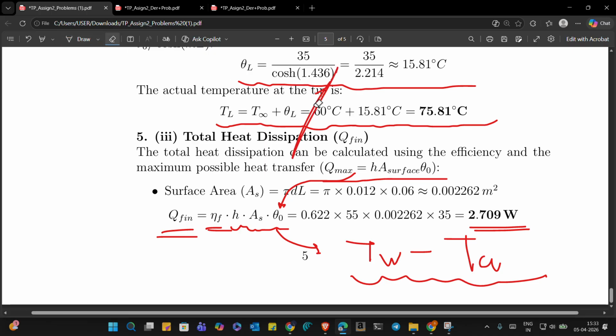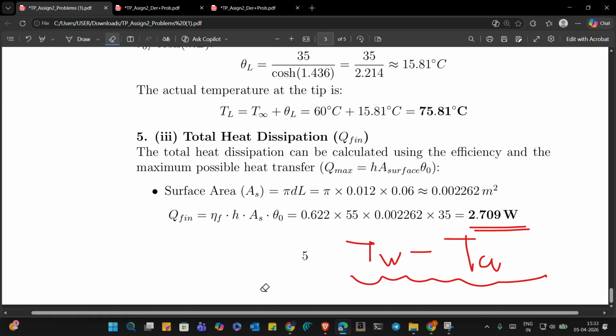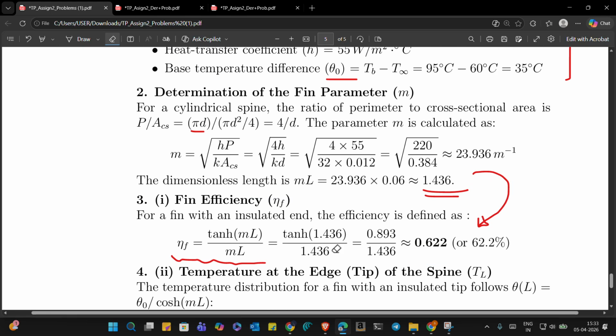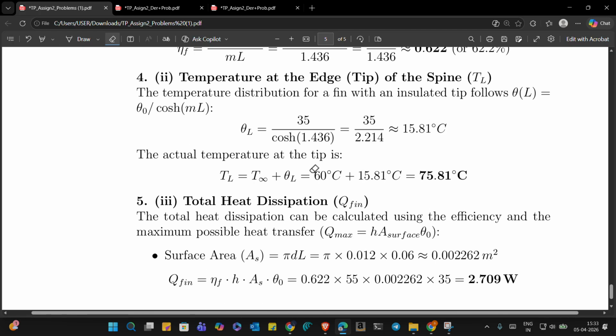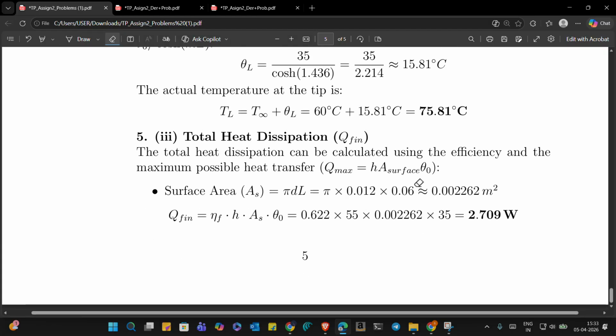So that is how we have solved this question to get the heat dissipation of the fin, the temperature at the end of the fin, and the efficiency of the fin. That's how we solve this problem. In all the four problems, we saw how to find the heat emitted by a fin, how to find the temperature at the end of the insulated fin, and how to find the effectiveness or efficiency of the fin.